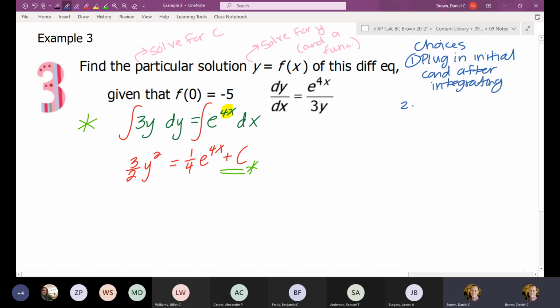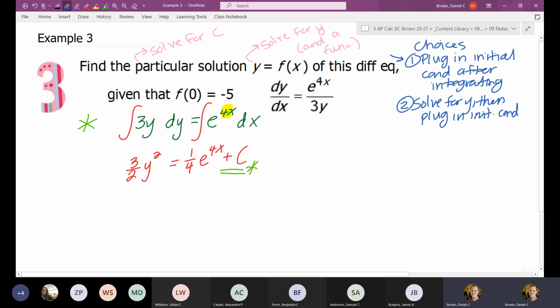The second option is to solve for y first, then plug in the initial condition. I have a preference of doing it the first way. I just find personally, the math tends to work out a little bit nicer when I plug in my initial condition first.